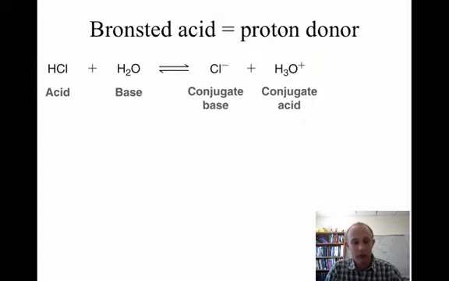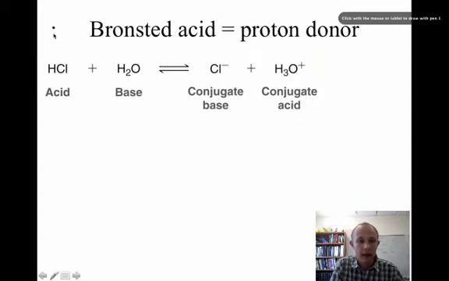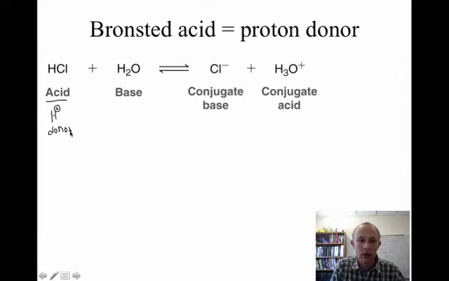So remember, hopefully, from general chemistry that we're going to start off by defining a Bronsted acid as a proton donor. So it's donating H+, and a base will be defined in the Bronsted definition as a proton acceptor.